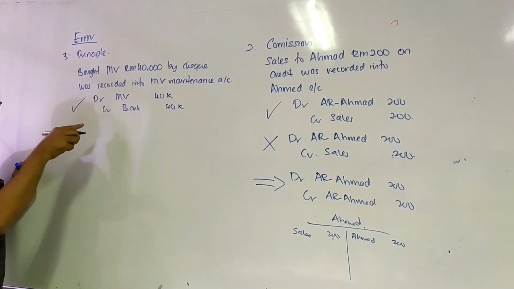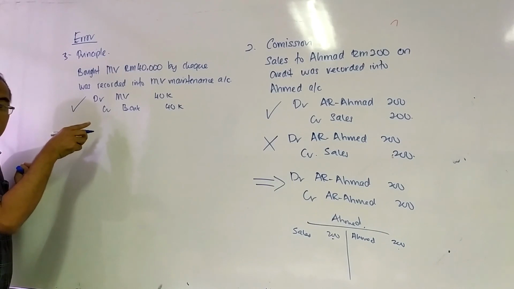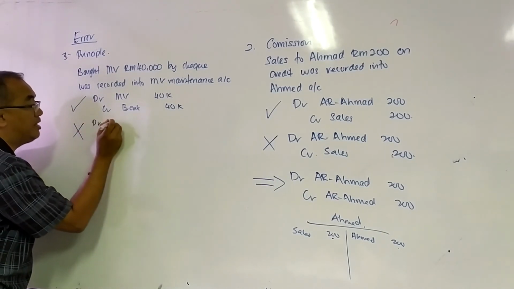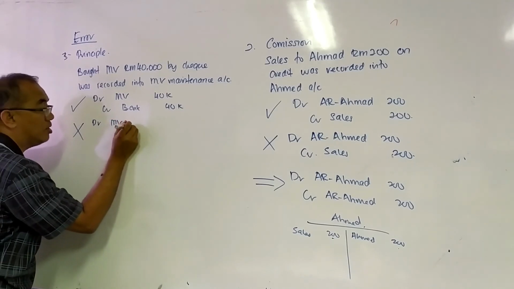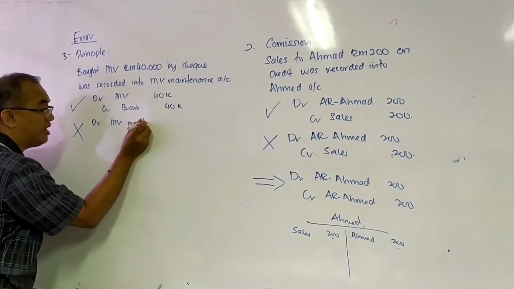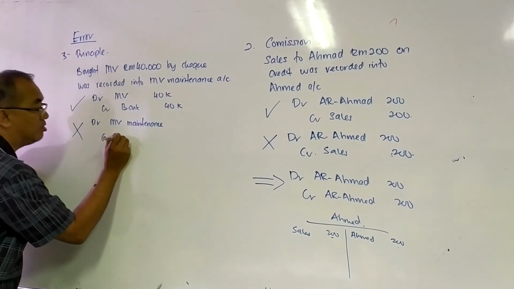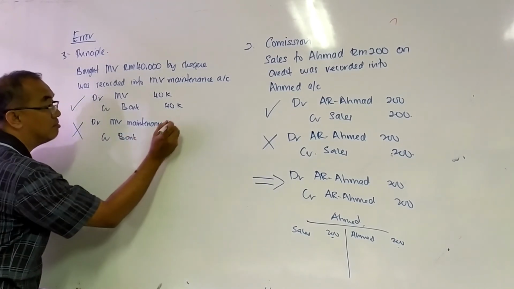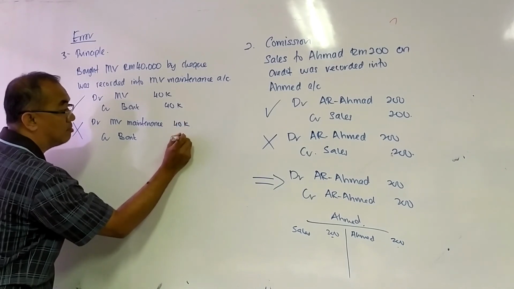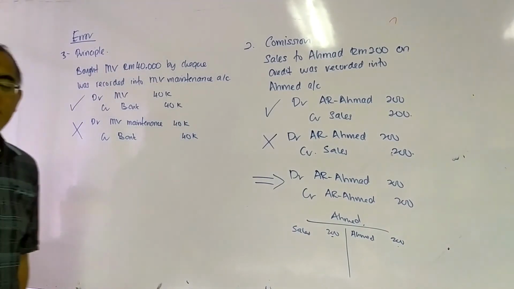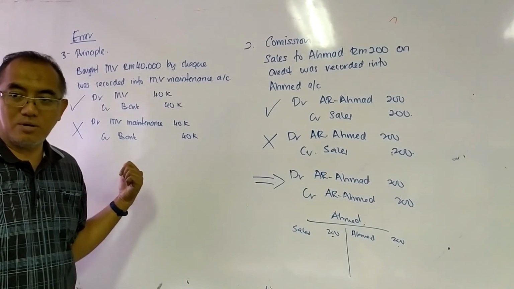This is the right one. But you have done wrong by debiting your motor vehicle maintenance and crediting your bank. So this is what you have done wrong.